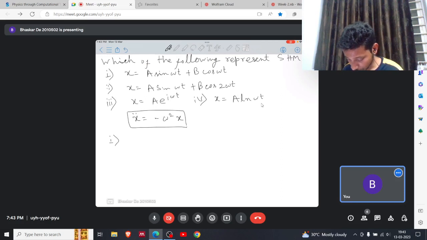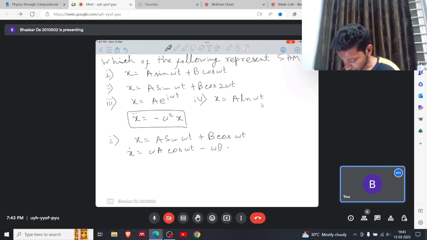For the first case, x equal to a sine omega t plus b cos omega t, x dot equal to omega a cos omega t minus omega b sine omega t, x double dot equal to minus omega square a sine omega t minus omega square b cos omega t.